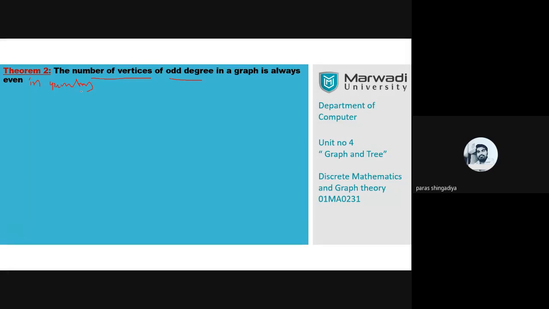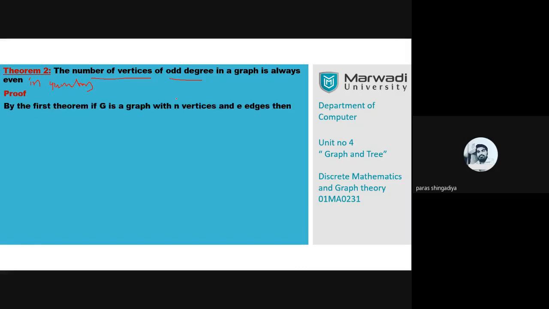Clear? You need to check the count of how many vertices contain the odd degree. That count will always be an even value. So that is the statement of this theorem.